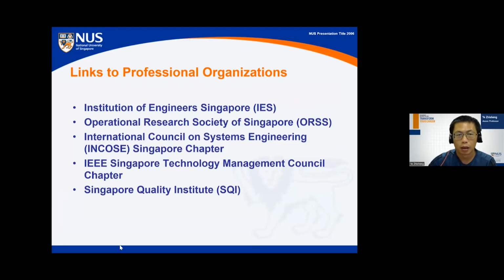Locally, we have an intimate relationship with the IES, or Operations Research Society of Singapore, and the International Council on Systems Engineering, the INCOSE Singapore chapter, and also the IEEE TMC chapter in Singapore, and the Singapore Quality Institute, so on and so forth.